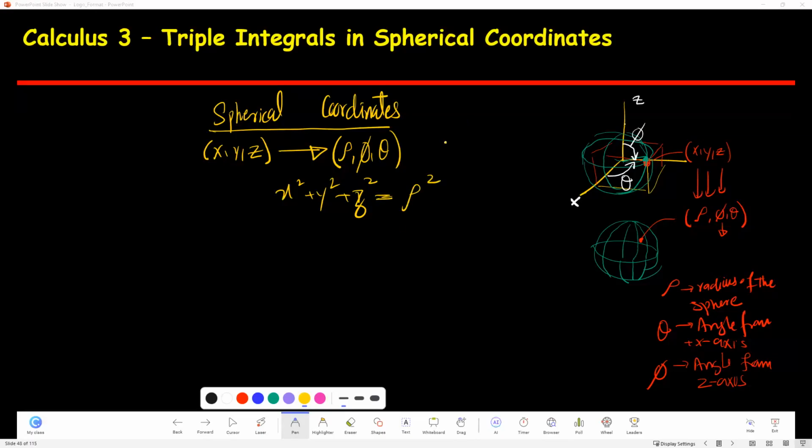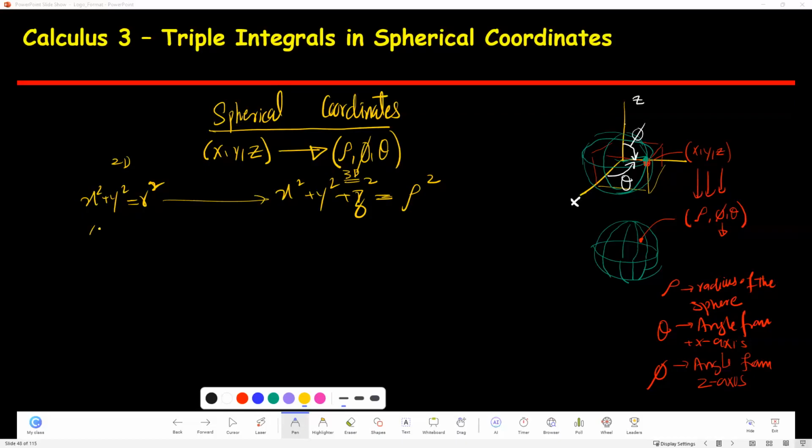That is the first formula. The second formula is that we're going to be using z equals rho cos phi. The way I'm writing side by side, usually we write x squared plus y squared equals r squared. This is my 2D, this is my 3D. So this converts into this.